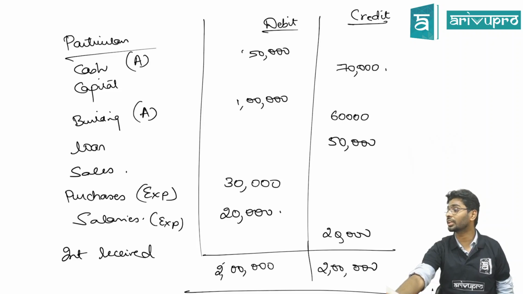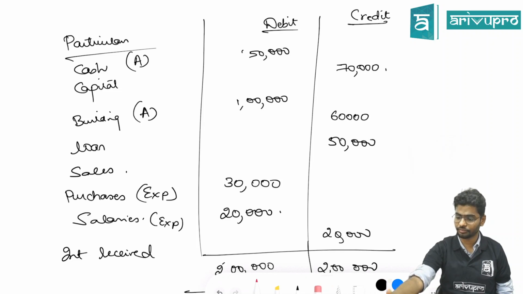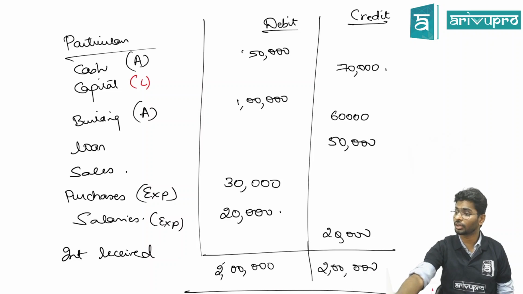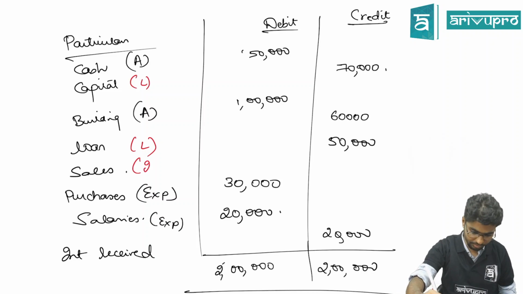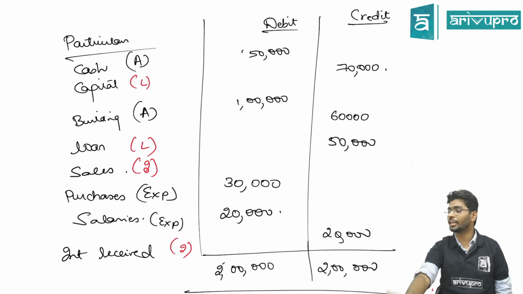Anything on the credit will be what? Liability or income. Let me go one by one. Capital. Capital is what? Liability. Loan. Sales. Then interest received.